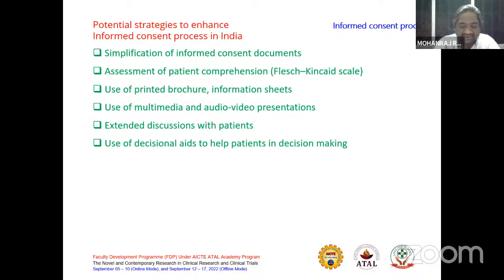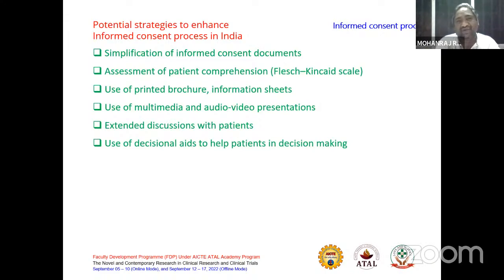Don't cut off the time; discuss a lot with the patient, spend more time with the patient, and help them in their decision. Do not force them; assist them in making very fruitful decisions.